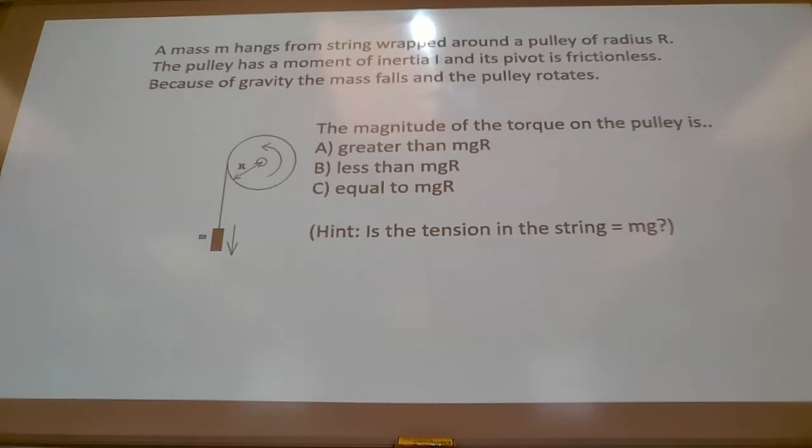The tension, because for the mass ball, it also has to apply the torque on the disc. That's good. But if you look at the little thing pulling it down, it's the torque on the pulley. So tension pulls down. Well, it's accelerated, right? So if the tension was equal to MG, it wouldn't accelerate down.